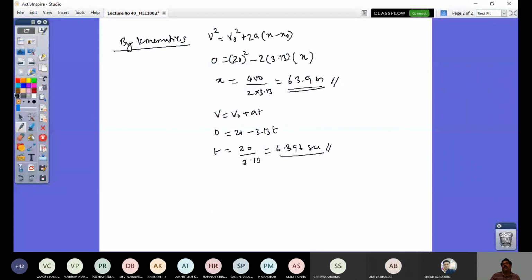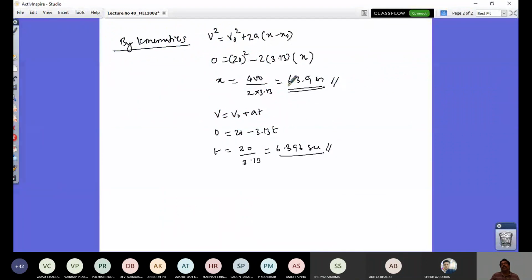There are three kinematic equations for uniformly accelerated or decelerated motion, so I use the appropriate equation. First I use the secondary motion equation to find the stopping distance, and I use the primary motion equation to find the time.